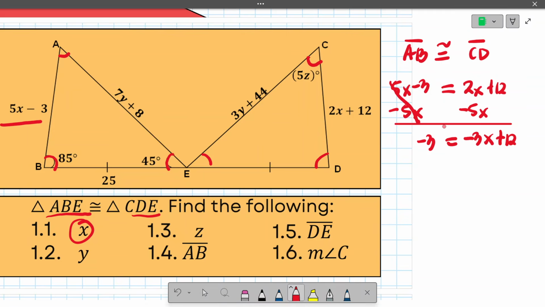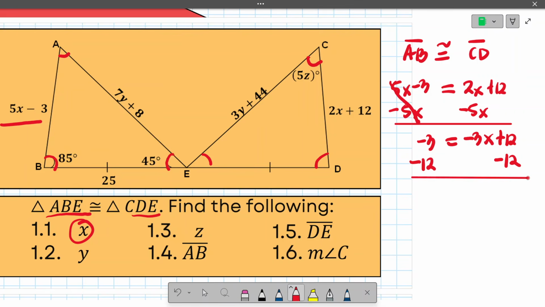Next is to cancel 12 on this side. I will add negative 12 on both sides.